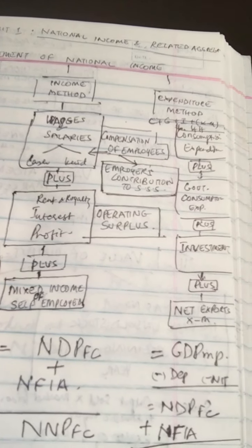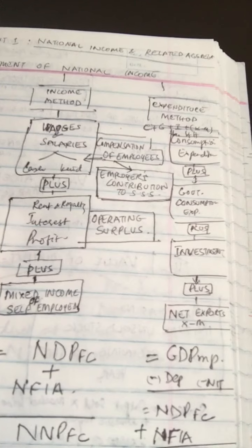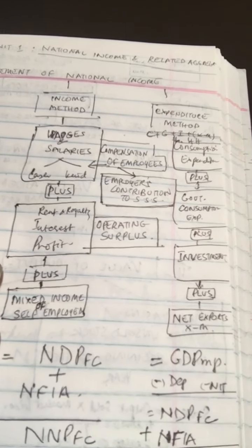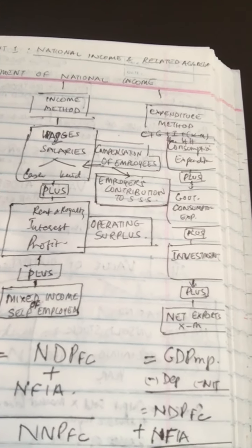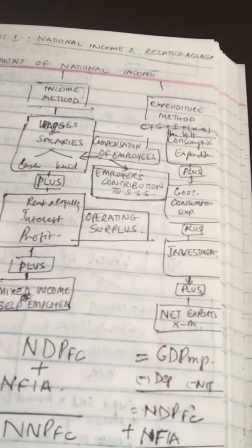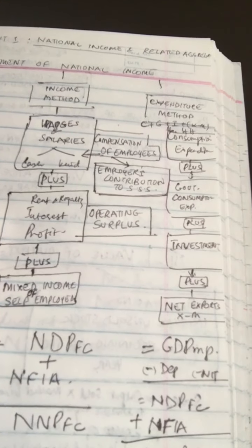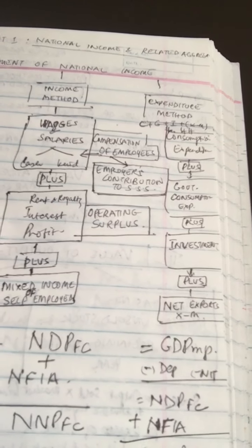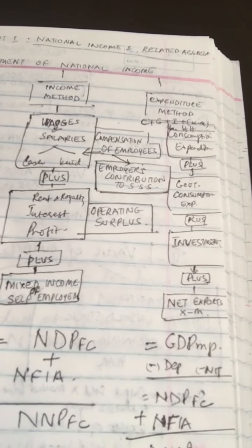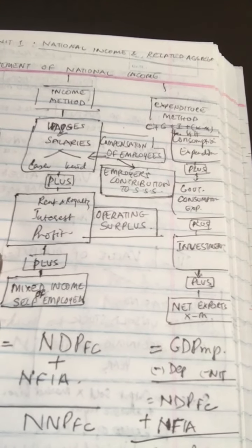If you go through this, you'll understand that generally we call it C plus I plus G plus X minus M, that is the expenditure method. When you add up all of these, the national income aggregate that you get is gross domestic product at market price. And then remember the three cardinal principles, or formulae: from GDP MP you want to go to NNPFC.